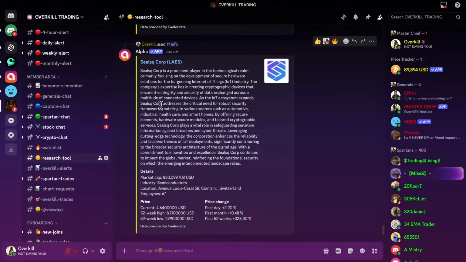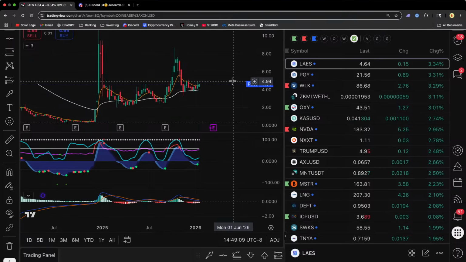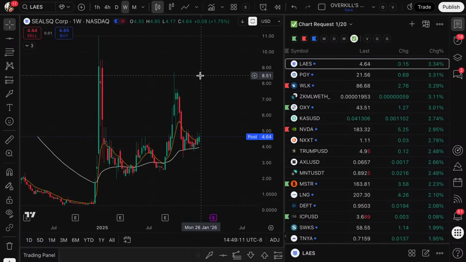SEALSQ Corp is a prominent player in the technological realm, primarily focused on the development of secure hardware solutions for the Internet of Things industry. It's a semiconductor company. IoT, Internet of Things, is like crypto talk. So that's an interesting one. And it is bouncing on the yearly average there.